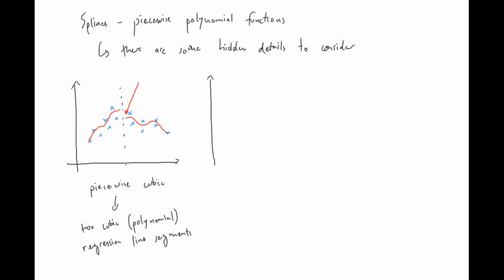So let's try and add a constraint. So let me replicate this plot here. Okay. So I still have a breakpoint right here. And let's do something called a continuous piecewise cubic.